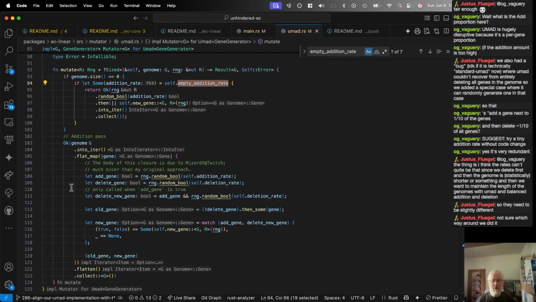Because unhindered-ec came up with a trick so that we did it in one pass instead of two. So for a gene, we decide whether to add a gene, and then we decide whether to delete the gene we're looking at, this gene, not the new gene. And this decides whether to delete the gene we just added.